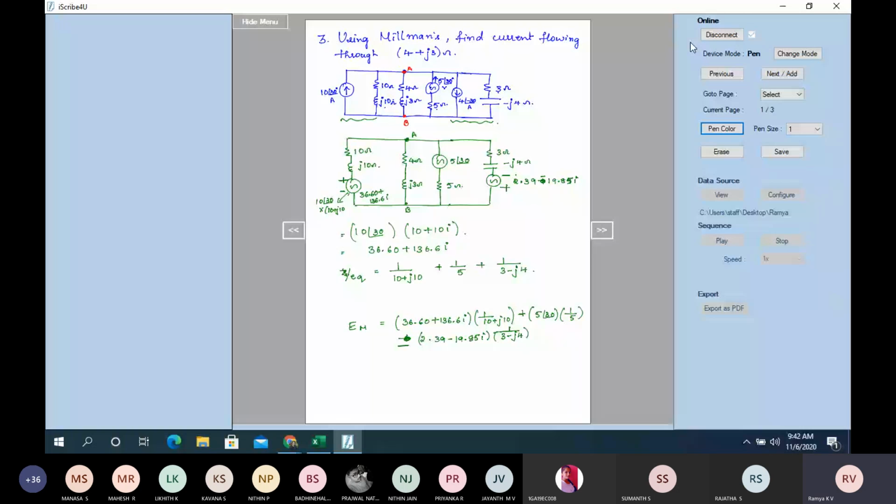This is your EM formula. Find this. It is all about calculator usage only.